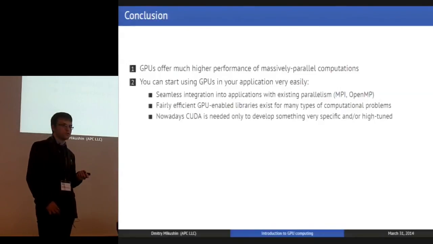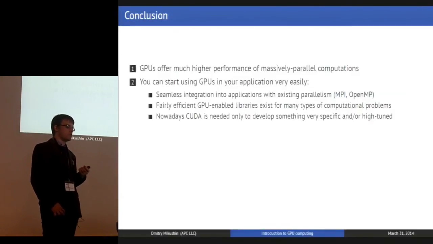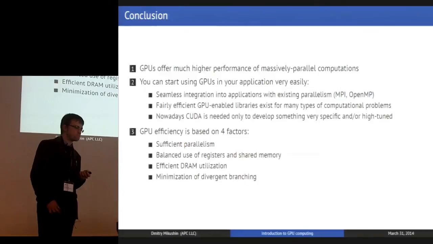Seamless integration with MPI and OpenMP programs is possible. GPU-enabled libraries often provide fairly efficient performance for many typical computational problems, and CUDA is only needed if you want something very specific or highly tuned.